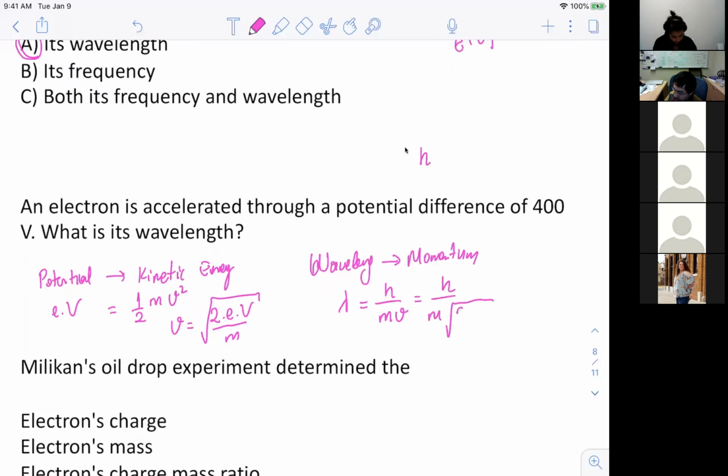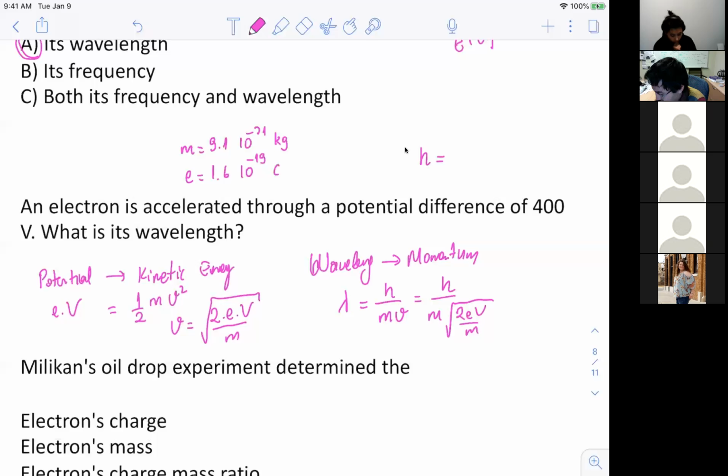For the velocity, you can use the square root of 2eV divided by m. So this will be calculating and doing some algebra, but you need to find a couple of constants. e is the electron charge, 1.6 times 10 to the minus 19 coulomb. The mass of the electron is 9.1 times 10 to the minus 31 kilogram.